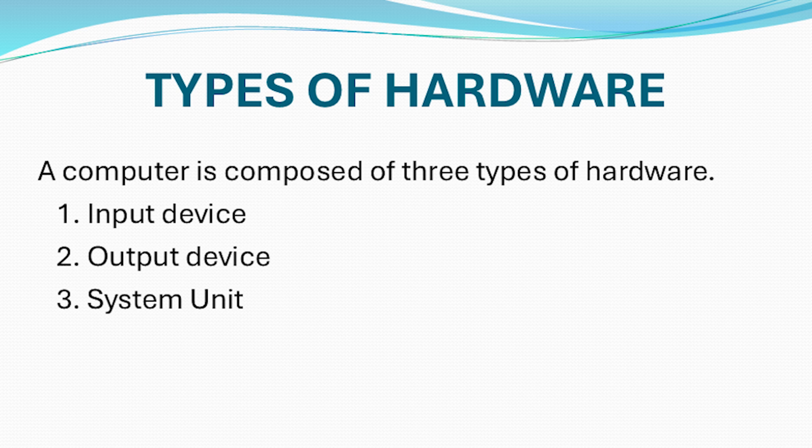Types of hardware. A computer is composed of three types of hardware. The following are the types of hardware. 1. Input device: allows the user to enter data and commands, for example, keyboard, mouse, joystick, microphone. 2. Output device: presents processed data to the user, for example, monitor, printer, speaker. 3.